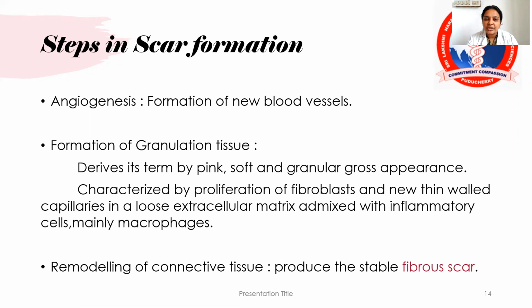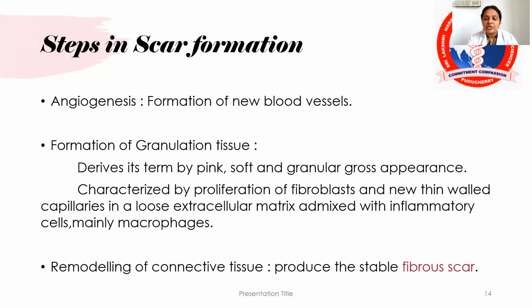Granulation tissue derives its name from its pink, soft, and granular gross appearance. It is characterized by proliferation of fibroblasts with thin-walled new capillaries in a loose extracellular matrix which is admixed with inflammatory cells, mainly macrophages. Then comes the remodeling of connective tissue, which produces the stable fibrous scar.